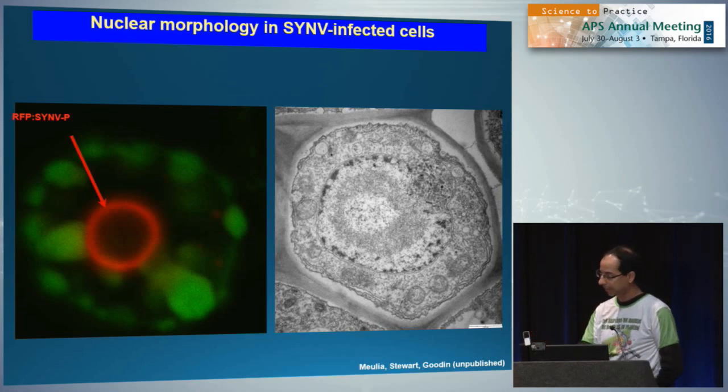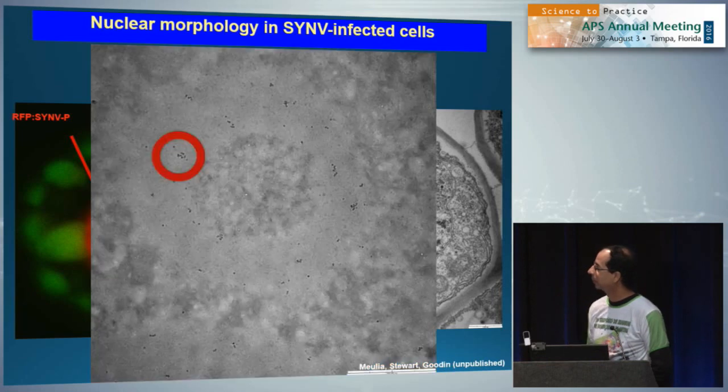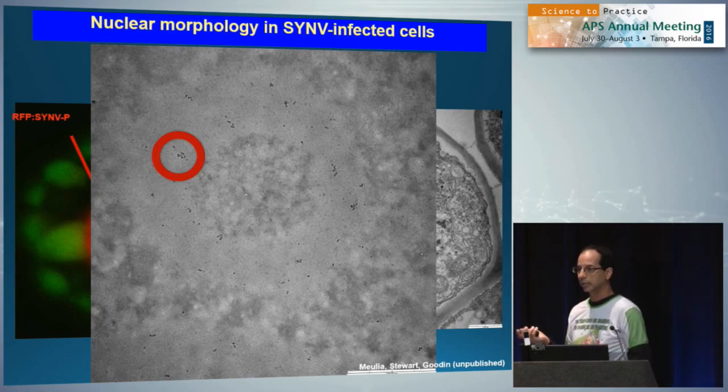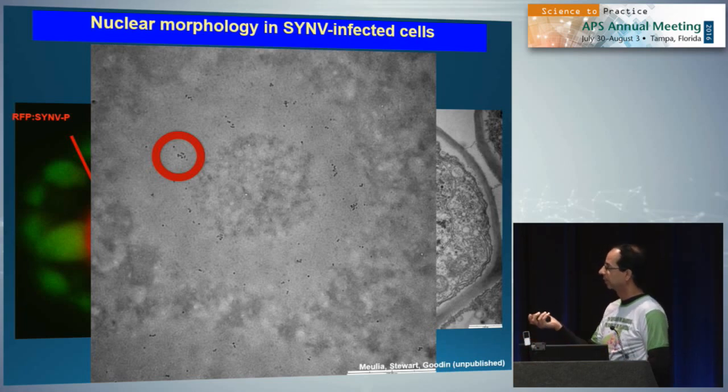Likewise in the EM, and in collaboration, in part with Lucy, we've done immuno-EM to show that these rings are highly enriched, so that light microscopy is not an artifact. We actually do have P-enriched rings.